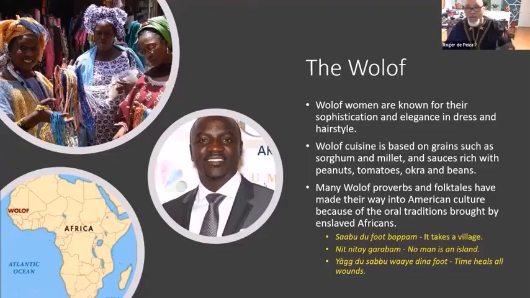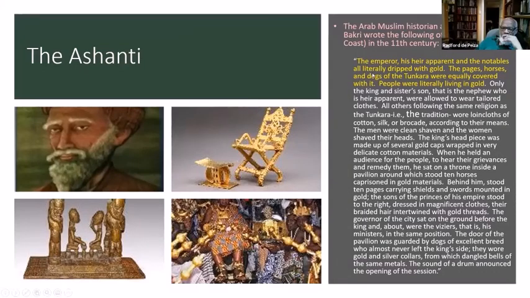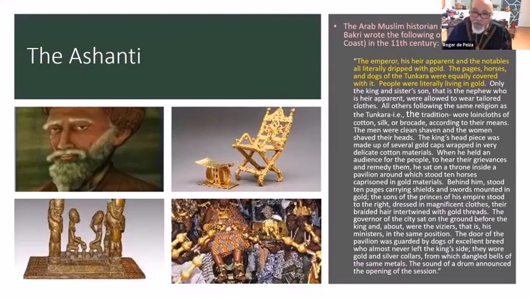And then, of course, we spoke about the Ashanti from Ghana. Just to make the same point, I just read the first paragraph, that the emperor, his heirs, and the notables all literally dripped in gold. The pages, the horses, and the dogs of the Tunkara were equally covered with it.